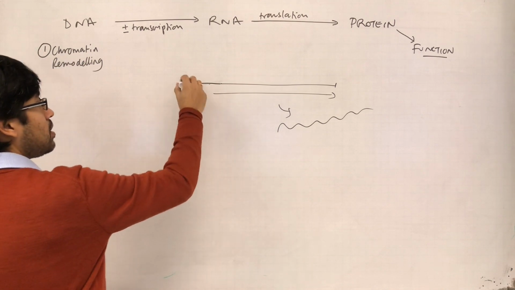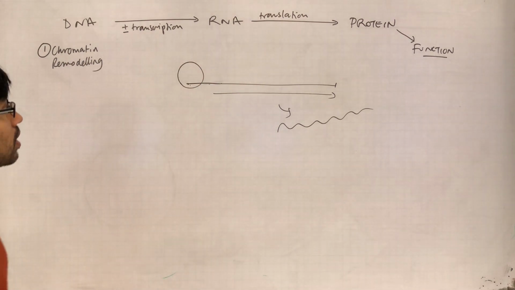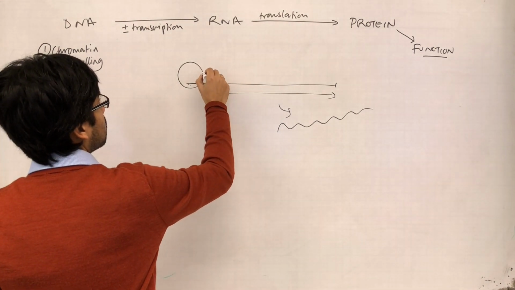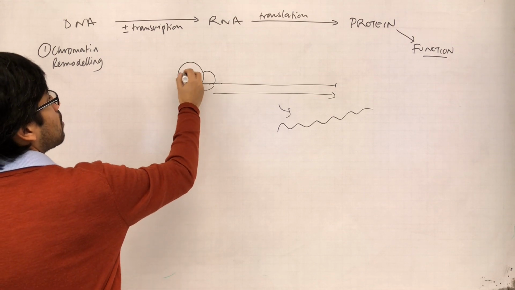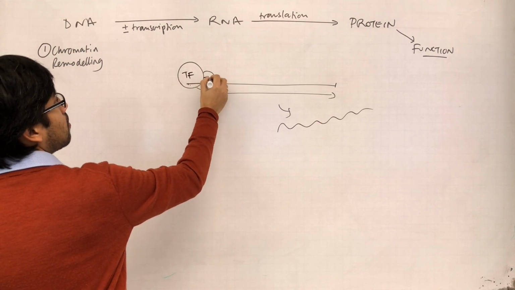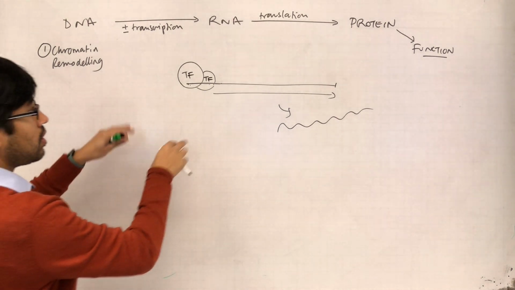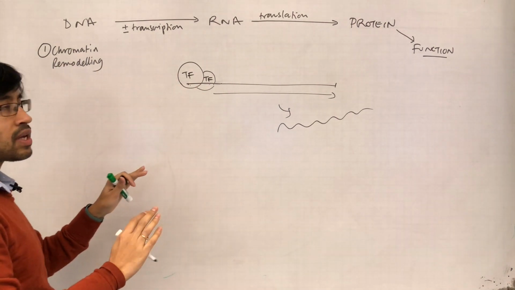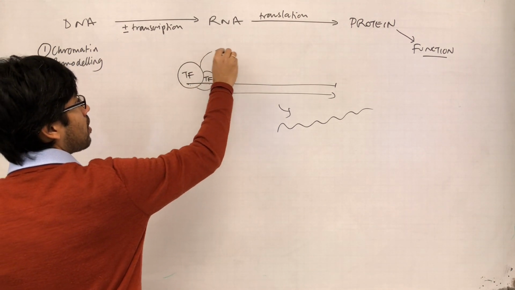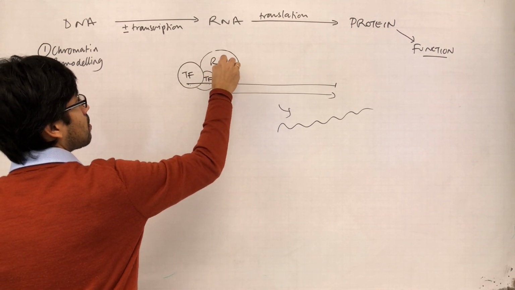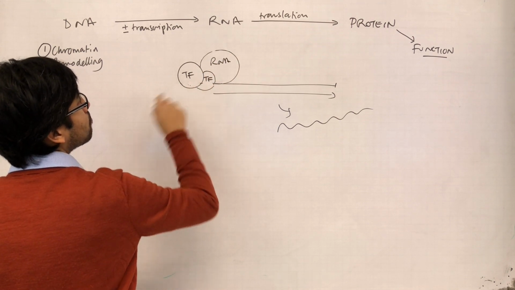It usually takes a bunch of other proteins to already be there, and they are what we call transcription factors. So transcription factors bind the DNA first, and if they are there, then RNA polymerase binds in a significant way.